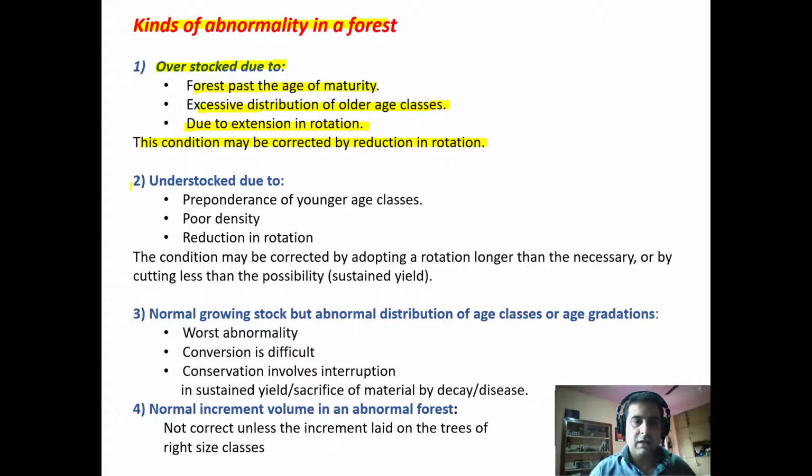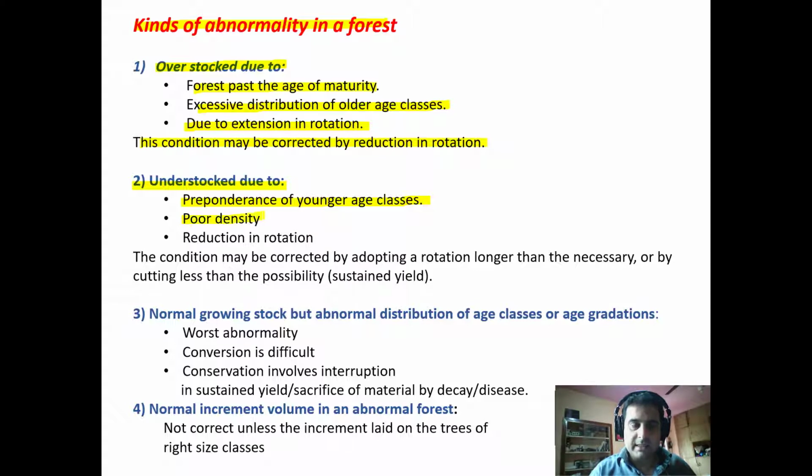Now there's another abnormality in forest, which is that the forest may be understocked. How? The forest is understocked because of the preponderance of younger age classes. Earlier we had excessive distribution of older age classes in overstocked, but here in understocked we may have a larger number of younger age classes, which is not putting on as much volume as is required.